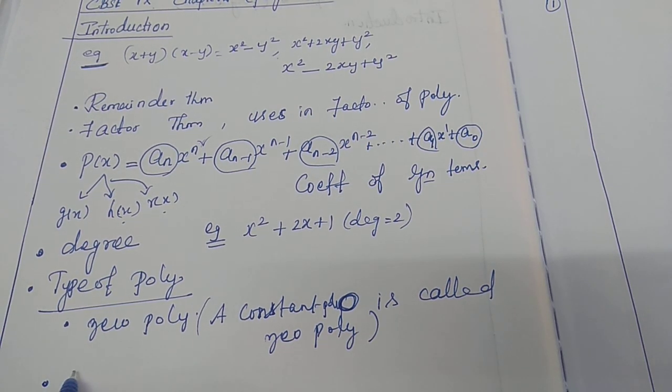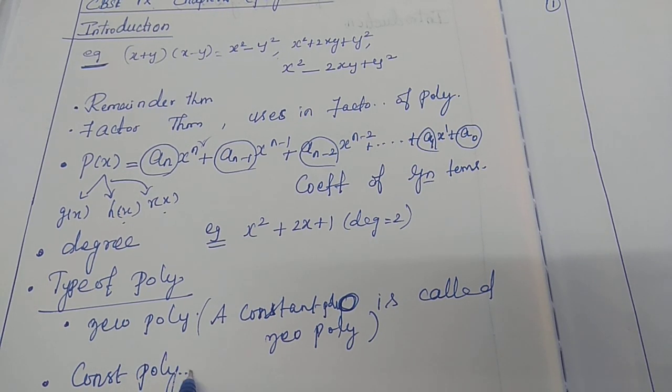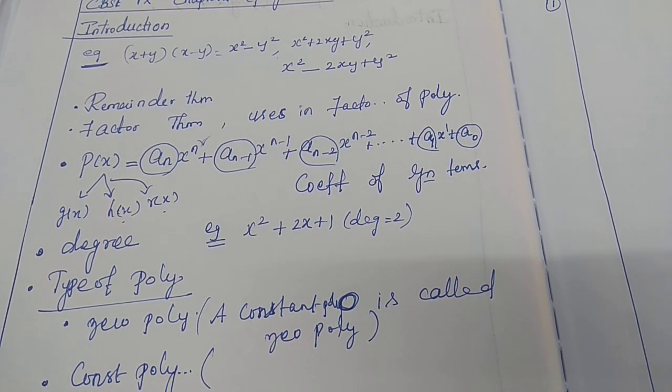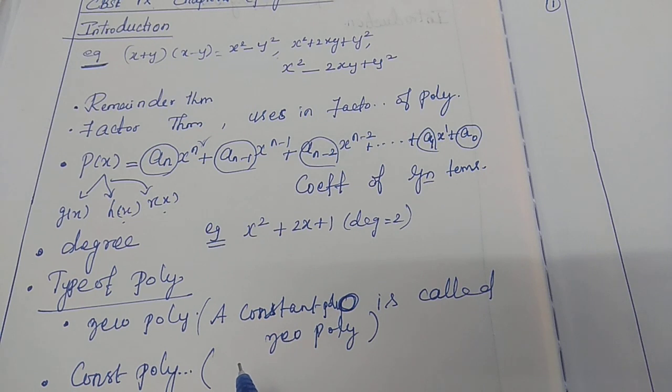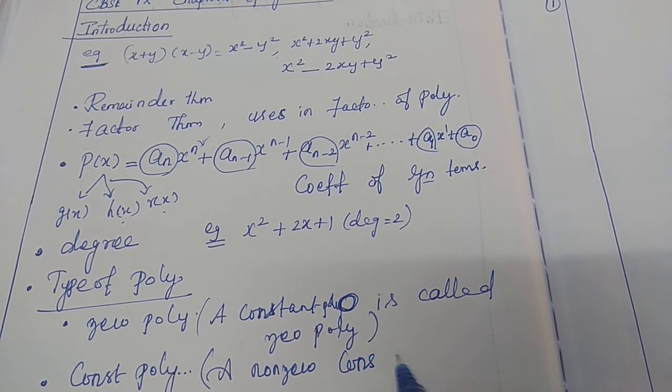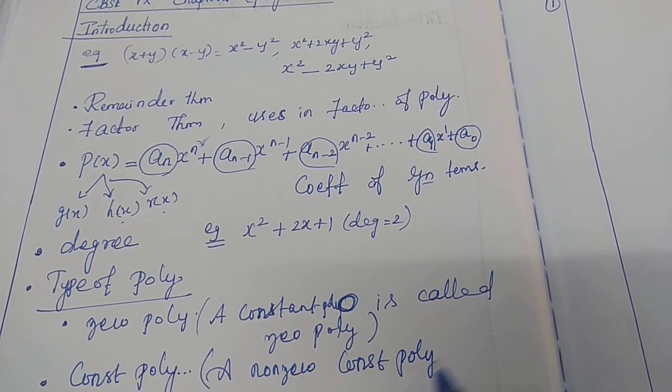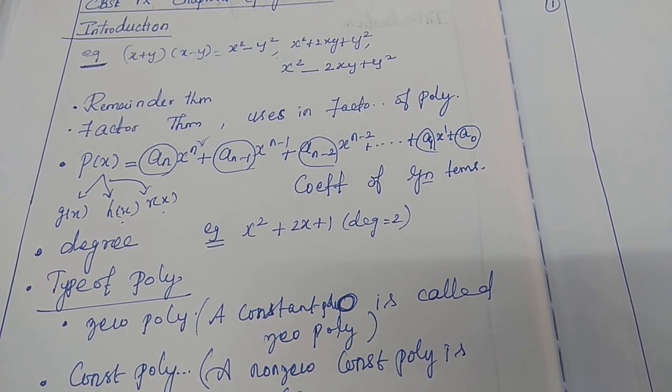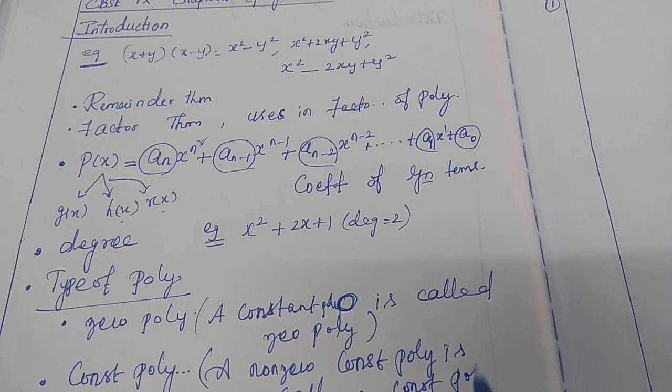And constant polynomial, a non-zero constant polynomial, is called constant polynomial.